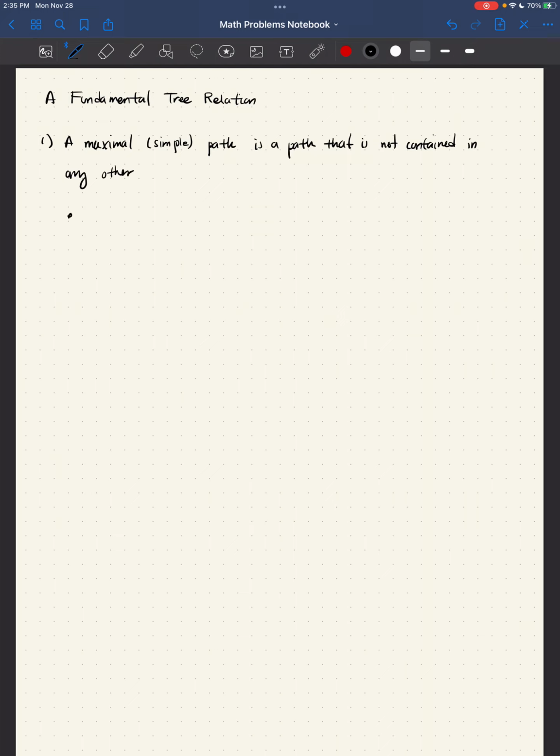So for this, I'm going to provide an example. Suppose that I have the following graph, and I label the vertices 1, 2, 3, 4, and 5, and this one is 6. Then look, the path 1, 6, 4, and then 5 is maximal.